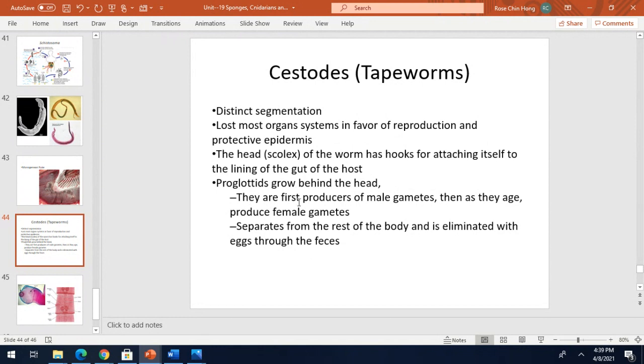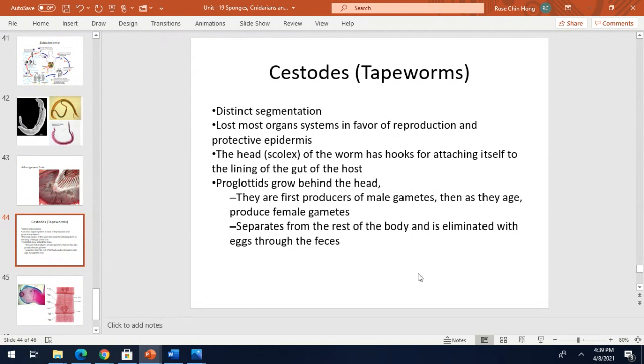The older the section, the further down it is from the head, and they break off in the gut of the host. So when the host defecates, that piece comes out, and they have the fertilized eggs, which can develop, and again they will find another host to develop and spread, live onward.